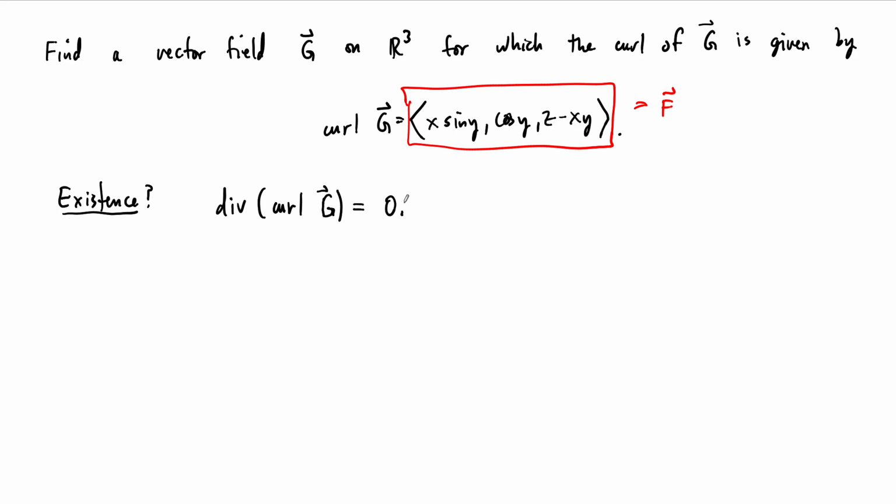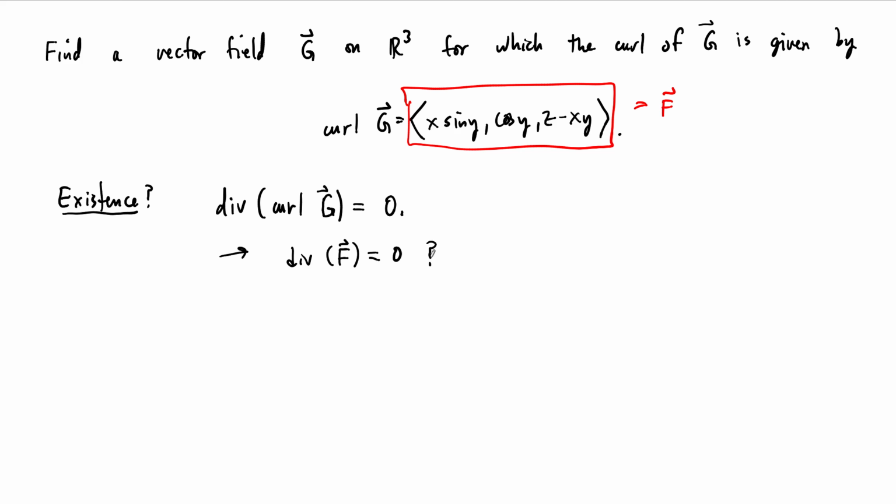So if a vector field G exists for which its curl is given by this, the fact that this vector field F is a curl of something else would have to imply that the divergence of F is equal to 0. So for us, the way we're going to interpret this is that supposing there is a solution to our problem, then the divergence of our given vector field must be 0.